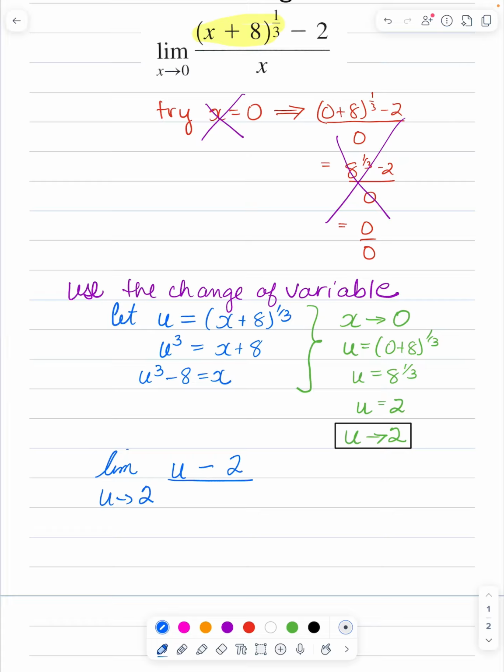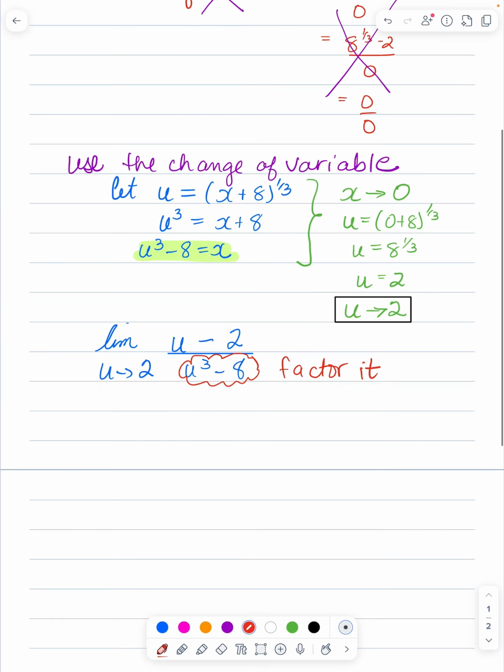And in the denominator, we're going to use x equals u cubed minus 8, and that's what's going to go in here. u cubed minus 8. Now the next step is we need to take this difference of cubes and we need to factor it.